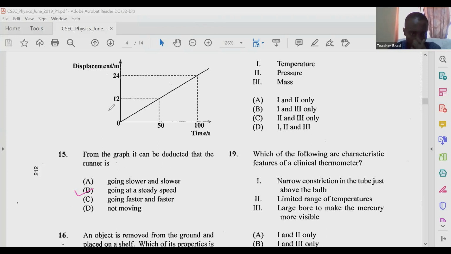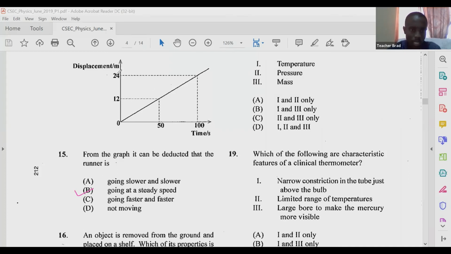So if we estimate, for a displacement of 12 meters, it took 50 seconds. That's approximately 0.25 meters per second.